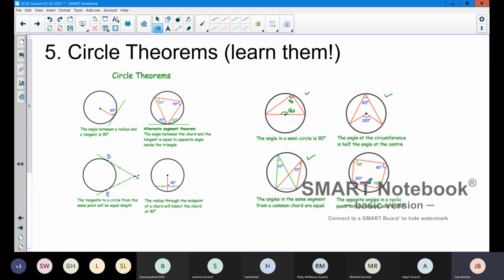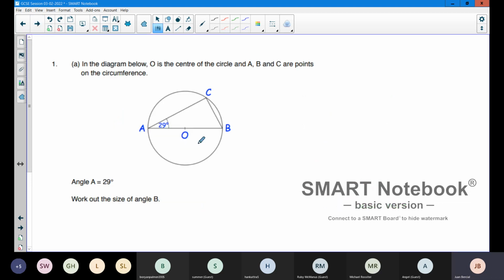This other one is where you've got a quadrilateral inside. Make sure that you've got them on a flashcard or you remember them, and it's only a matter of identifying which one you need to use. For example, in this first one, it's pretty clear it's going to be 90 degrees, because this one is 180.